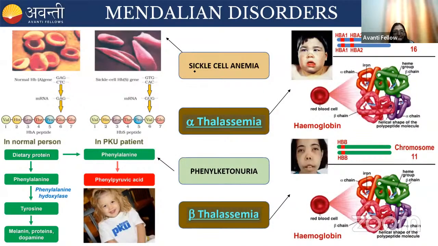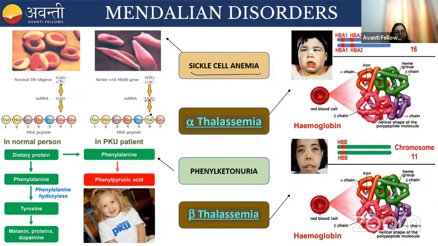Sickle cell anemia is also an example of point mutation, and it is an autosomal recessive disorder. In mRNA, there's GAG, and in this case, there's GUG. Because of the point mutation, this T is replaced by A, so in the mRNA, which is complementary to the template strand, we get GUG.